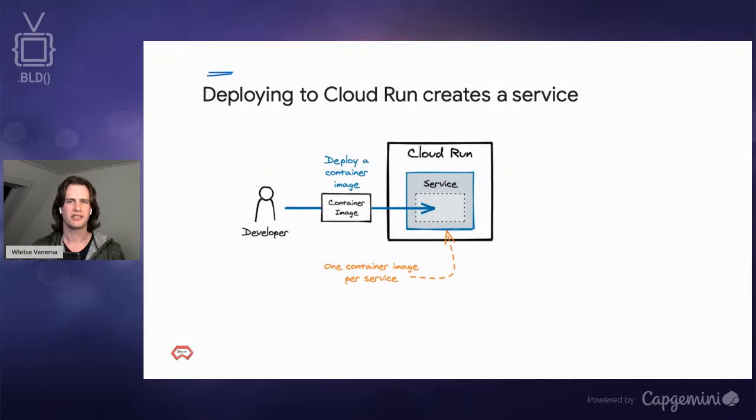When you deploy a container image for the first time, Cloud Run creates a service. And service is a very broad and non-specific word, but it means something very specific in Cloud Run. And the specifics will become clear during this session. But the first thing to know is that a service has only one active container image.